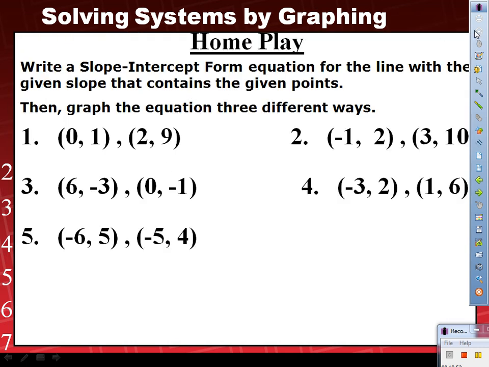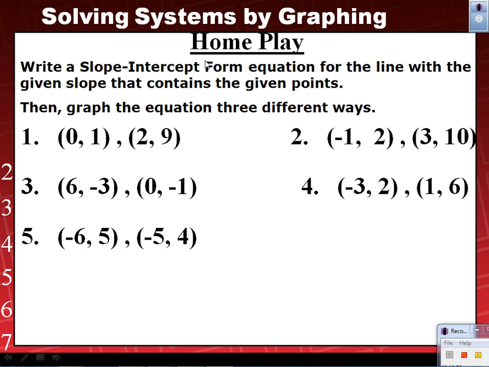Copy the homework. It says, write a slope-intercept form equation for the line given the slope that contains the given points. Then graph the equation 3 different ways. Do we know how to do those already? Yes. Copy that, please.